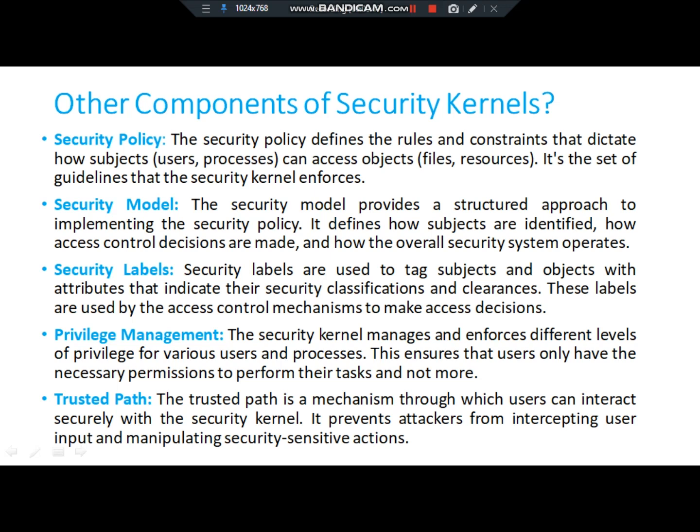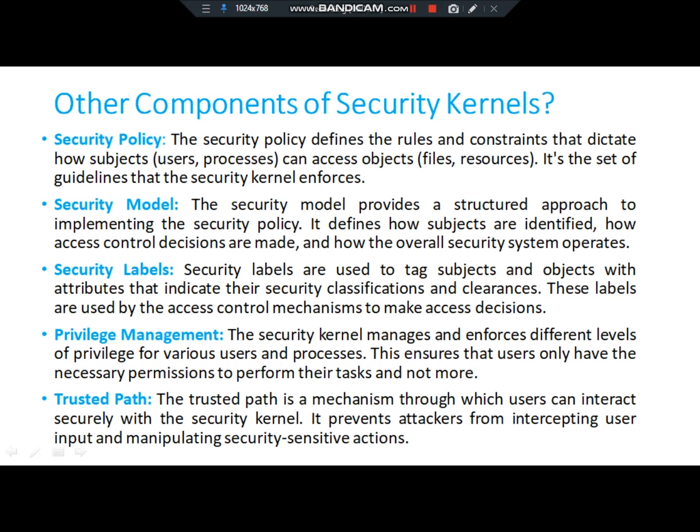Security model means a structured approach to implement the security policy.